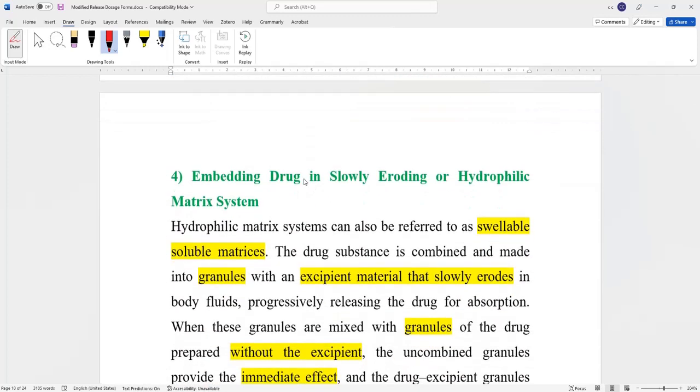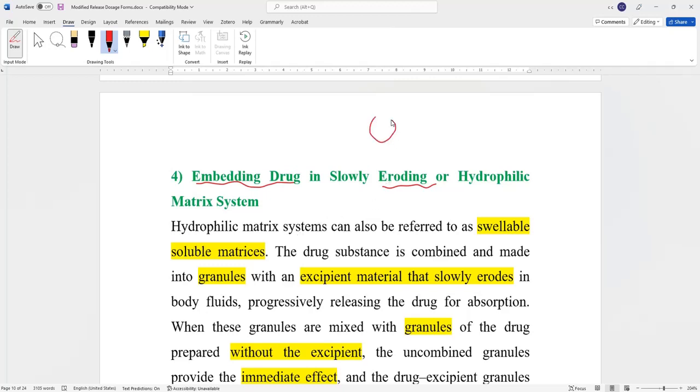Okay, example number 4: embedding a drug in a slowly eroding or hydrophilic matrix system. What does embedding mean? Embedding means mixing, putting the drug in a slowly eroding matrix. What does eroding mean?